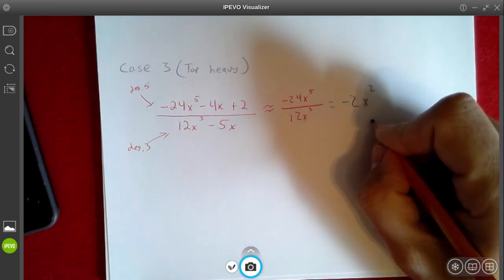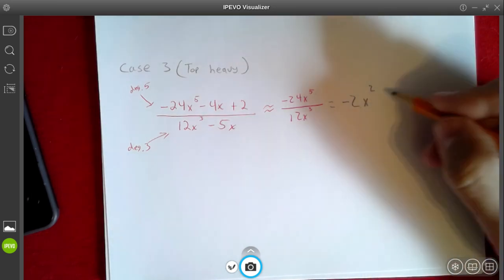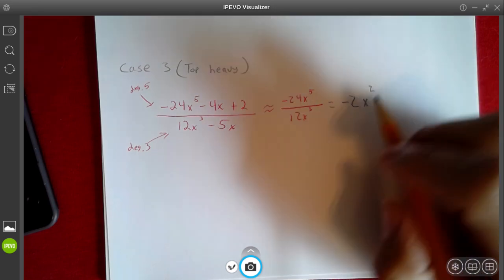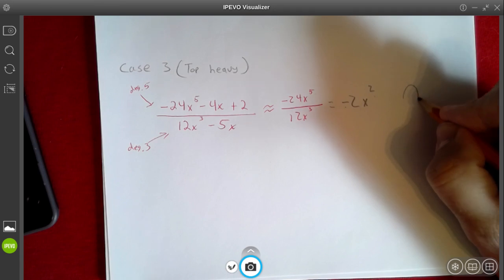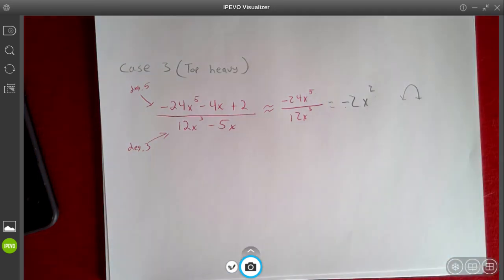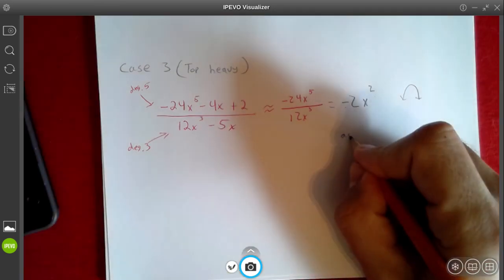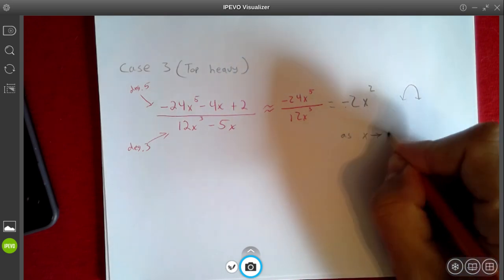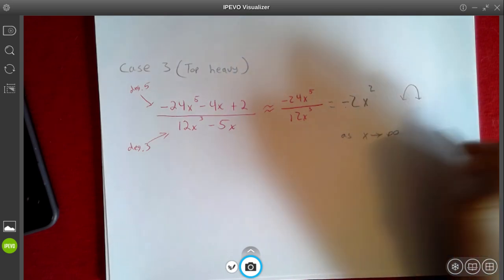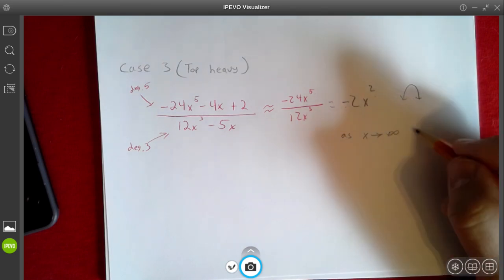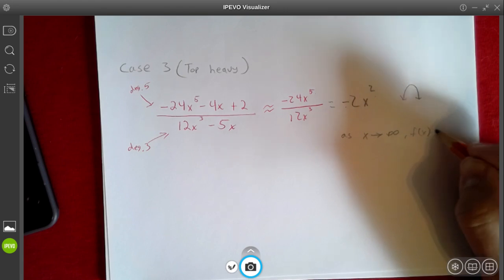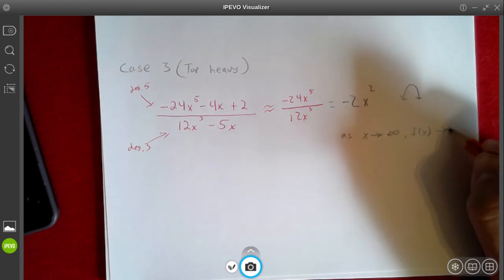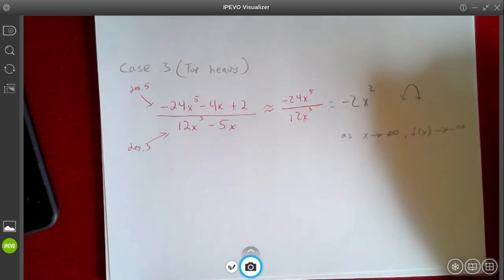All right, so because this is an even function and it has a negative leading coefficient, I know that this one's going to be one of those down and down functions. So as x approaches positive infinity, the value of the function is going to approach negative infinity in this case.